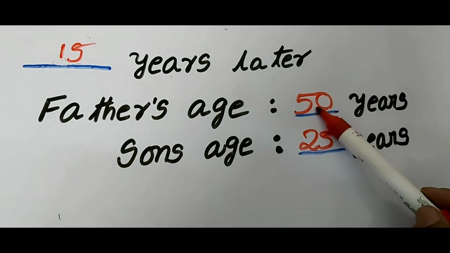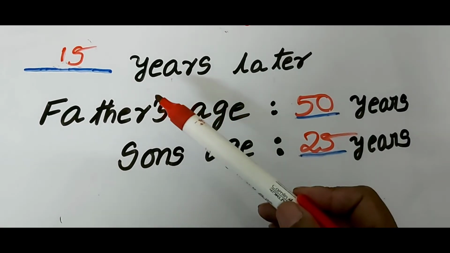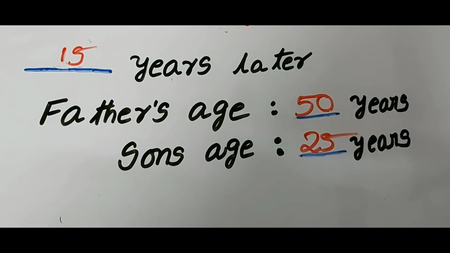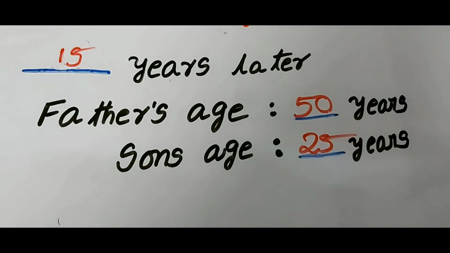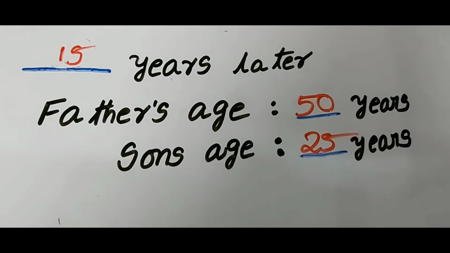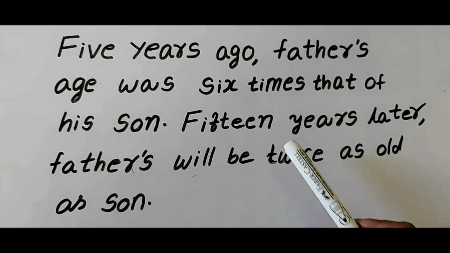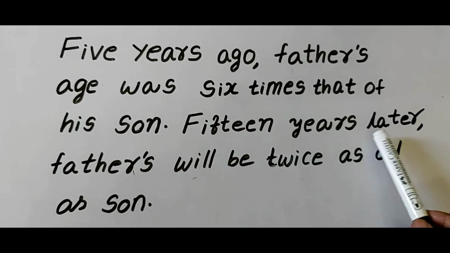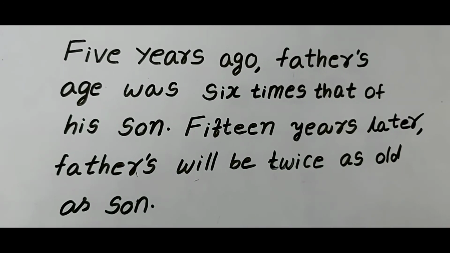Father's age is twice that of son's age after 15 years. This is the relationship between father's age and son's age after 15 years. So the second part of the problem will be 15 years later, father's age will be twice as old as son.